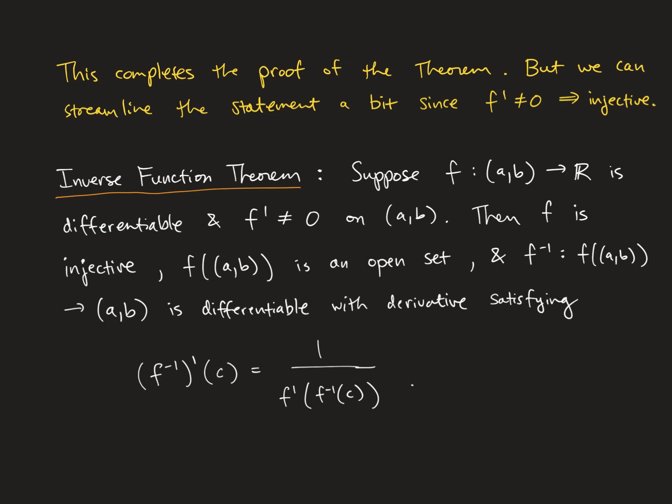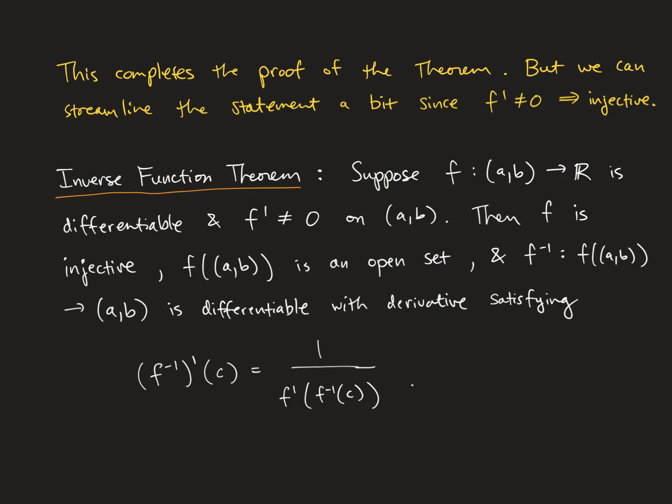Okay, so here's the statement of the inverse function theorem. We have our function f is differentiable and the derivative is not equal to 0 on some interval. And then we conclude as we did above. So we have all the conclusions above and the additional assumption that we made above that f is injective. So actually we don't have to assume this.